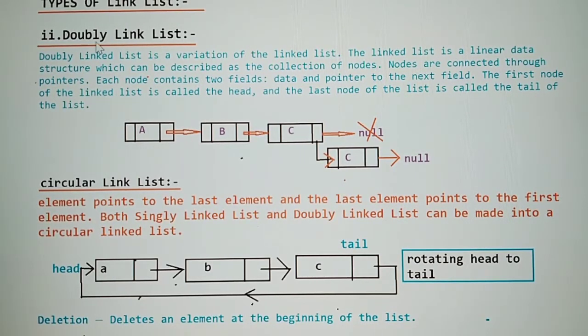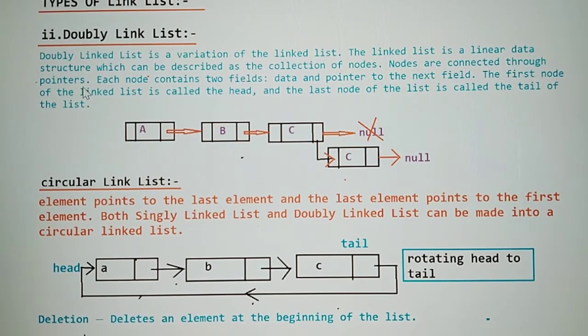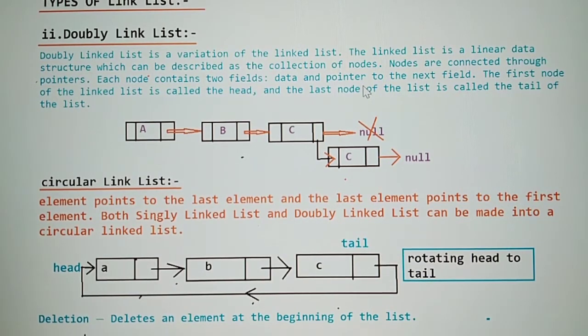At first, what is a doubly linked list? A doubly linked list is a variation of the linked list. The linked list is a linear data structure which can be described as a collection of nodes. Nodes are connected through pointers, and each node contains two fields, data and pointer to the next field.